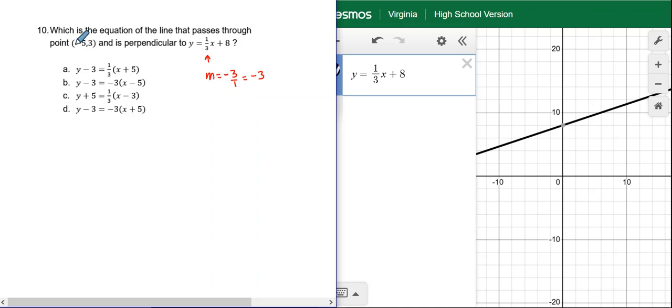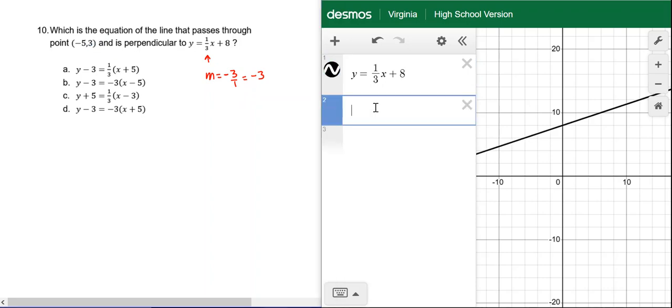And it has to pass through this point, -5, 3. So let me put that here. Actually, we're almost done because it's in point slope form, so we can just plug those numbers in. So we have the slope, -3, so between B and C, and then we have this point.